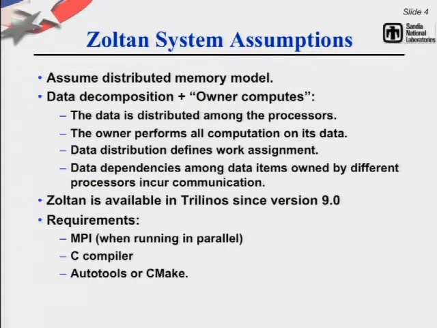A lot of codes are built on this model where you decompose your data to processors, and then the owner computes. That's actually a phrase, owner computes. So you do as much local computation as possible, then you need to do some message passing as well.